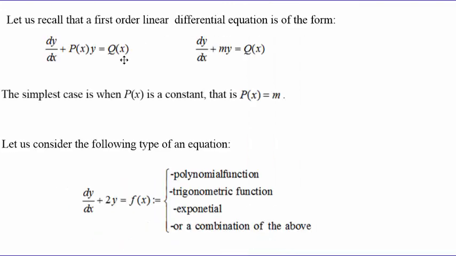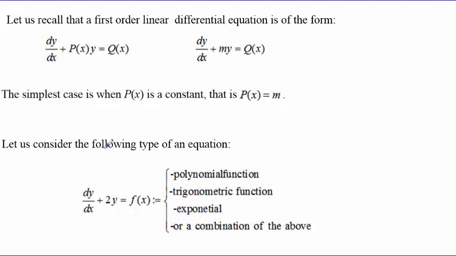Recall that with a first order linear equation of this form, we solved it using the integration factor. But note that you can simplify this equation and take it to the simplest form this way, where p is a constant number, say m, and the right hand side q, which I denoted here as f of x, can be any function: polynomial, trigonometric, exponential, or any combination of the above.